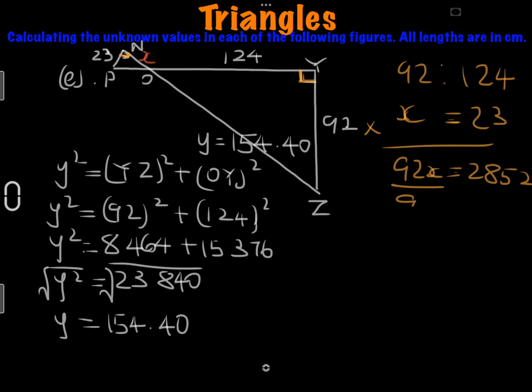If you divide this by 92 on both sides, x, so 2,852 divided by 92, we get 31. This looks more feasible now. So x in this case is equal to 31 centimeters. Okay, that looks more practical.